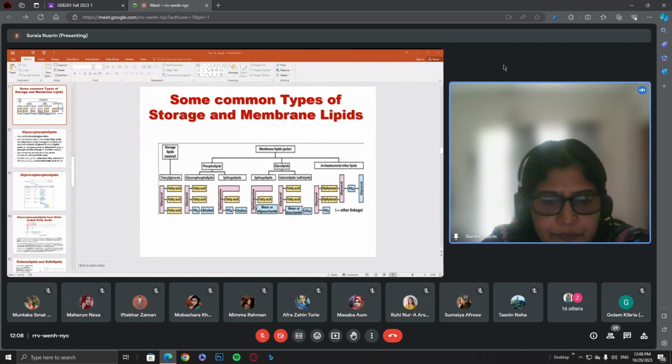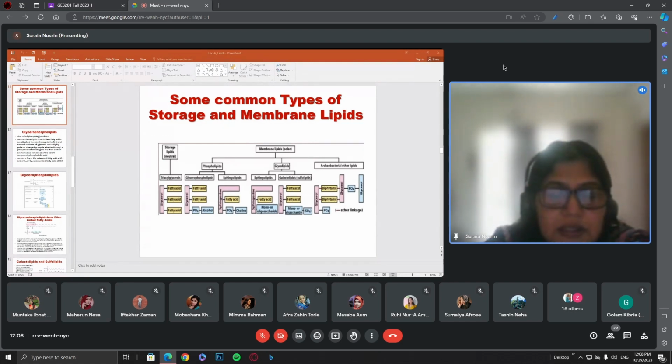Even another glycerol moiety can function as a polar head group, and the name of the glycerophospholipid is phosphatidylglycerol. And there are other glycerophospholipids where sugar moieties can be present as the polar head group.